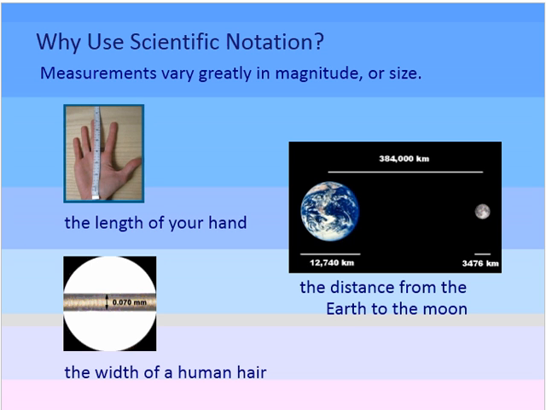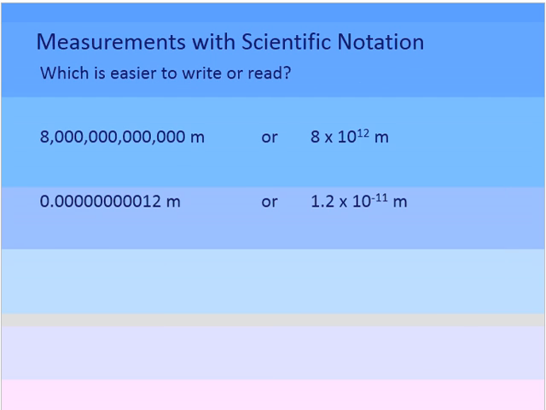So when we start expressing really, really small measurements or really, really large measurements, we like to be able to use scientific notation. And you may say, why? Well, let's look at this. If you look at these two pairs of numbers, out of each pair, which one is easier to read? Or which one's easier to write? Or which one's easier to put in our calculator? Right. In most cases, it's this guy.